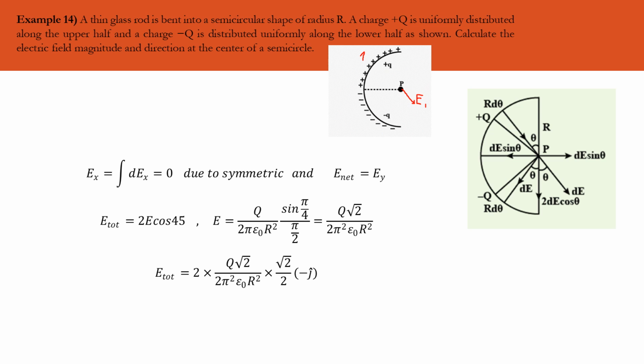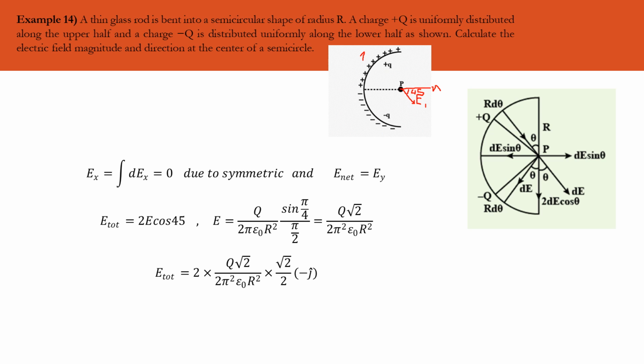This is E1. What is the angle that E1 makes with the x-axis? You can guess, and we easily got it before. This angle must be how much? 45, because it must pass through the bisector, so the line passes through the midpoint.